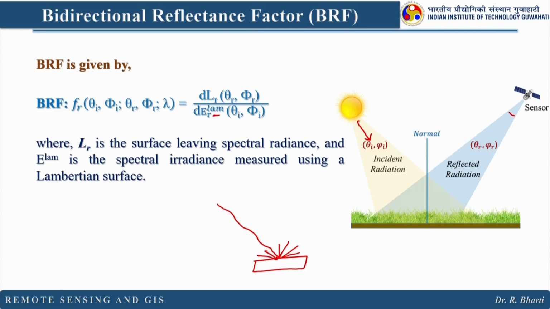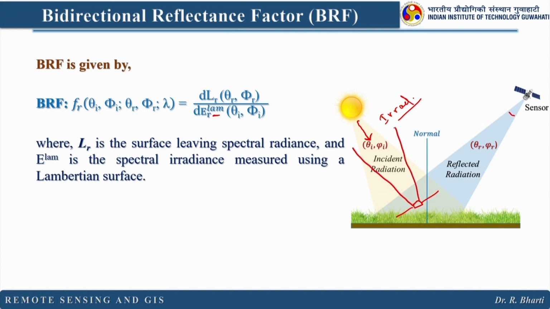If you have used a Lambertian surface here, then we call that downwelling radiance, because till now I was using the term irradiance. When you put this sensor here and measure the incoming energy, we call it irradiance.